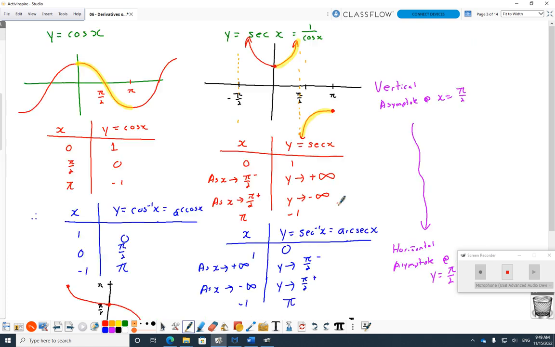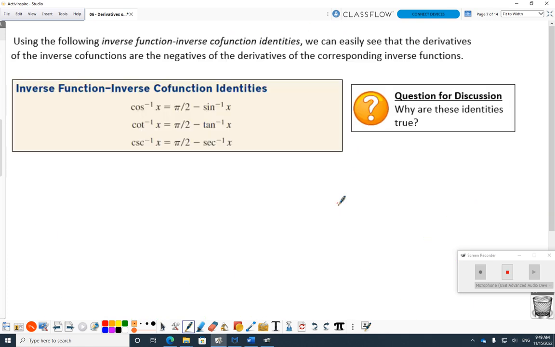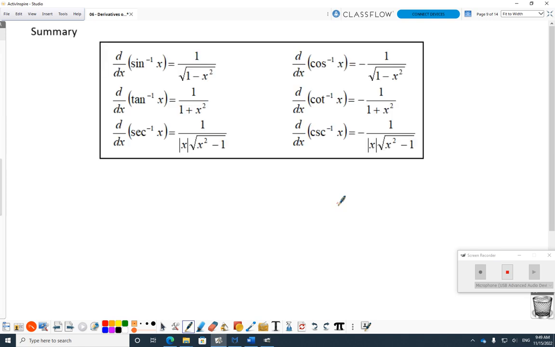When you first saw these derivatives, you might have been like, I'm not memorizing these. I don't care if you erase them or not. I'm not memorizing these. But just take a look at one little thing. I can chop your life in half. Take a look at sine inverse and cos inverse. Do you see how unbelievably similar they are? The cos one just has a negative in there. How about tan and cotan? Look, they're identical except for the negative.